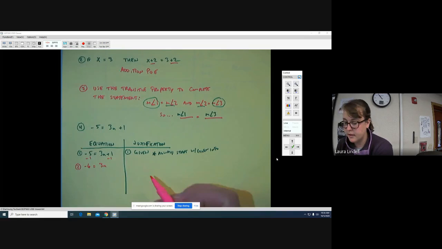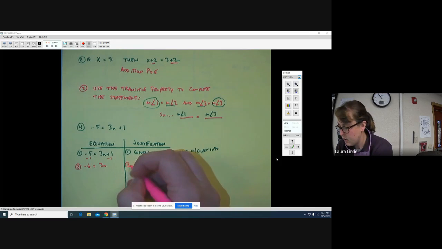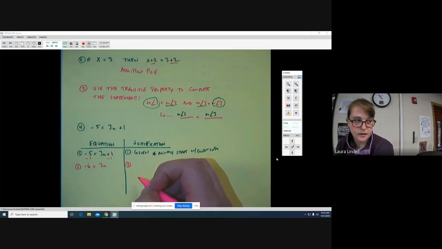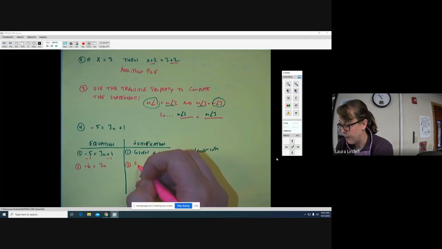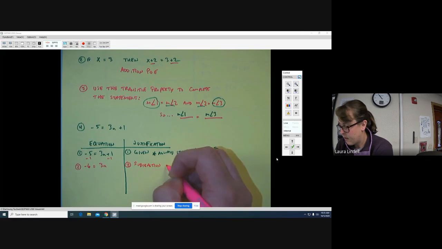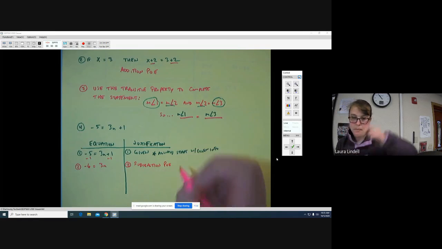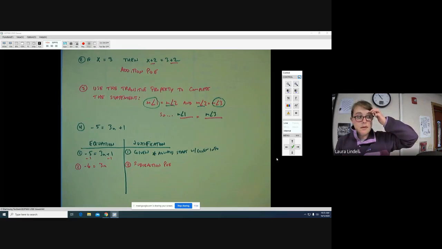What property was it that I used to subtract 1 from both sides? Subtraction property. So over here on my justification, I would just say subtraction property, because that's what I did in my step. So I'm basically going through and solving the equation and then telling them about my steps, telling them what I did on each of them.